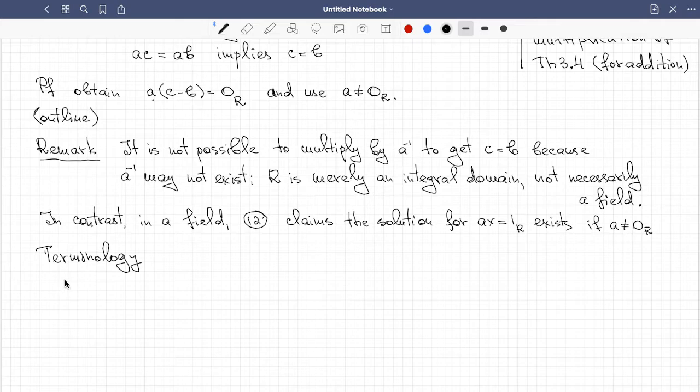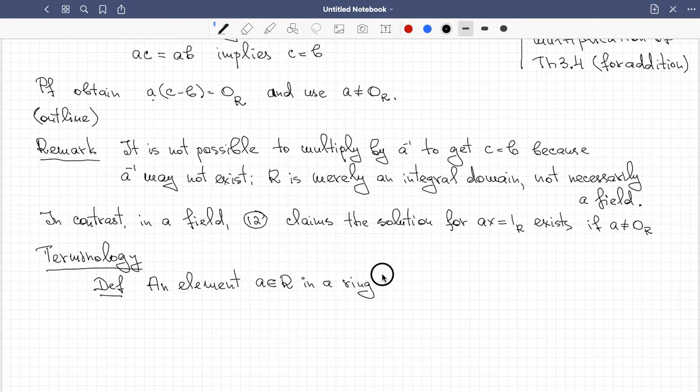An element of a ring, its definition in the book, is called a unit.